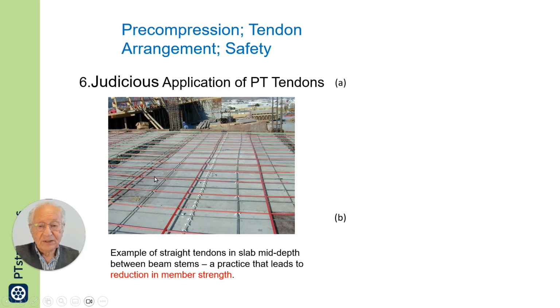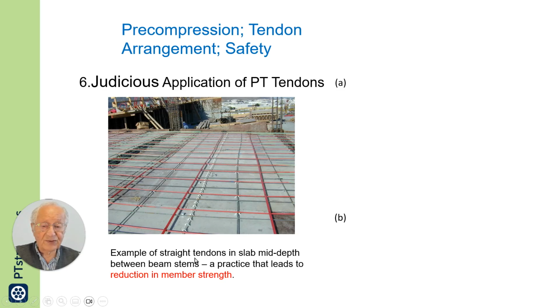Now, I have here the plan view of flanged beams, stem on the left, stem on the right. The view here shows the flange, and we have tendons in the flange.